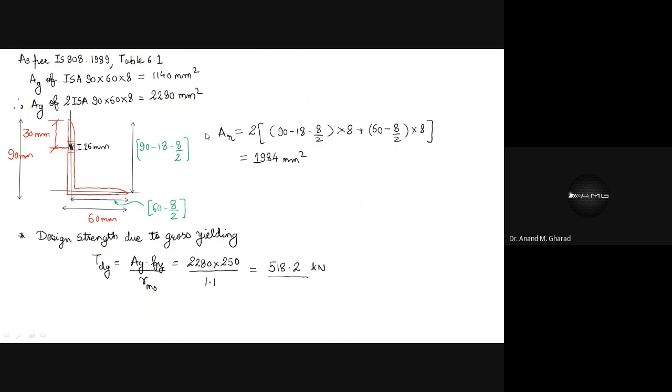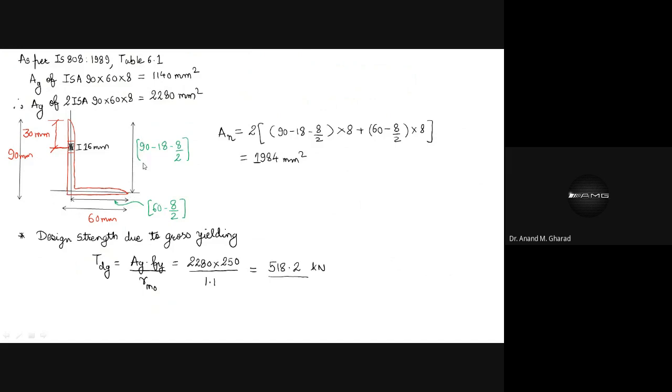But for calculating the net area, we are supposed to consider the center lines. As I've drawn the center lines like this, the distance for the longer leg will start from this point and go up to the center line of this position.